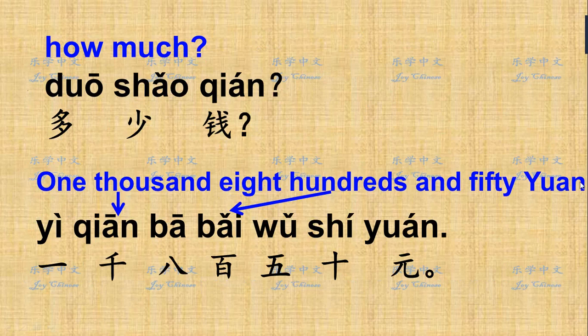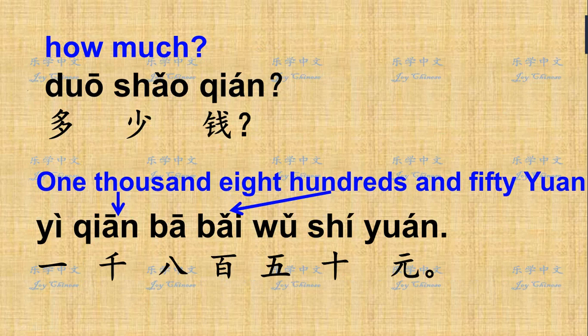Okay, then the person from the shop will answer 1,850 yuan. Yuan is the unit for the Chinese currency. 1,850 yuan. It says thousand, 千, hundreds, 百.